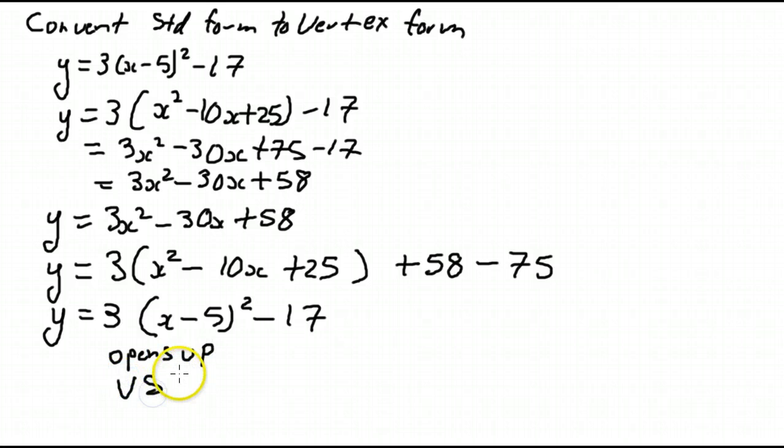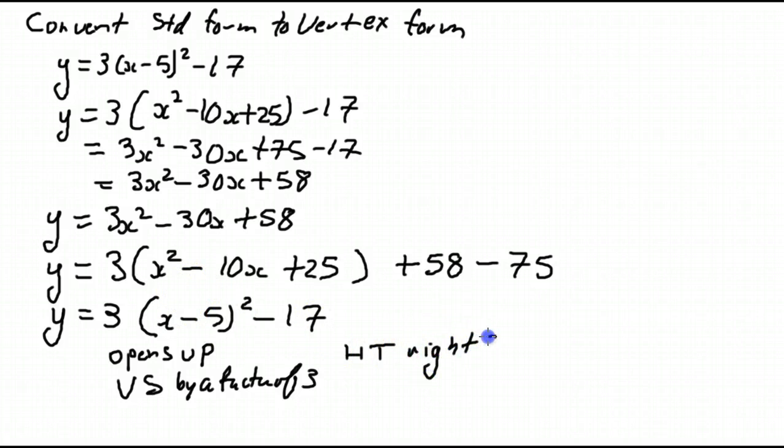It's got a vertical stretch by a factor of 3. There is no reflection. There's a horizontal translation. This x minus 5 says go right 5, so it's a horizontal translation, right 5 units. There's a vertical translation, down 17.